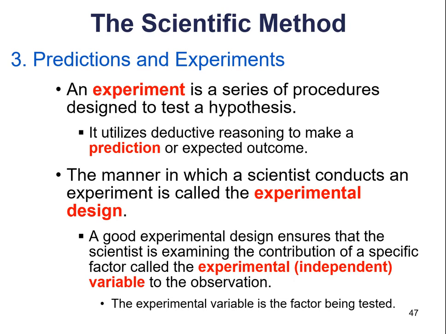Sometimes there's poor experimental design. If we're talking about good experimental design, which is what we should be talking about, it ensures that a scientist is examining the contribution of a specific factor, which is called the experimental or independent variable. And that's what's being tested.